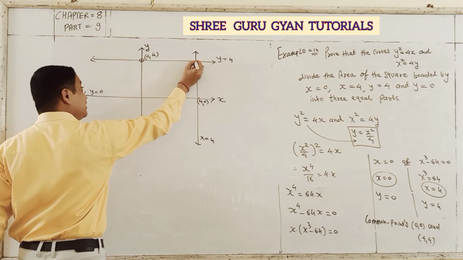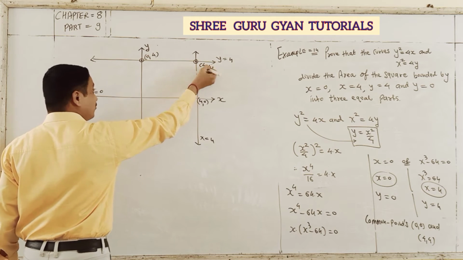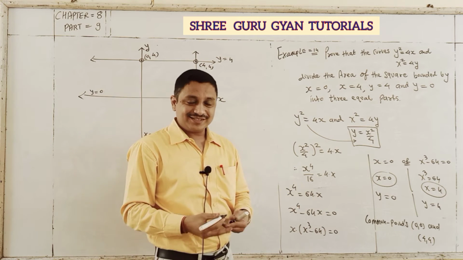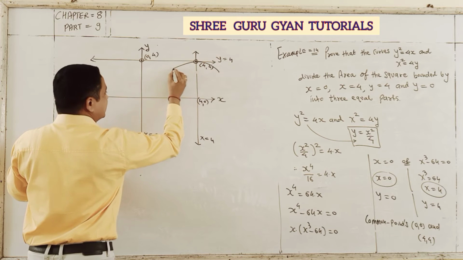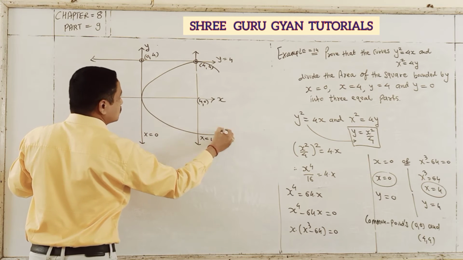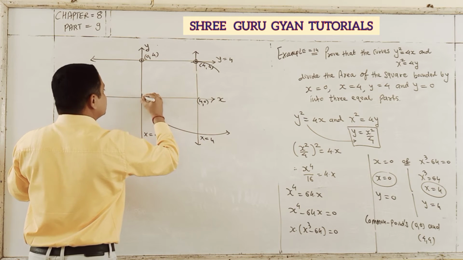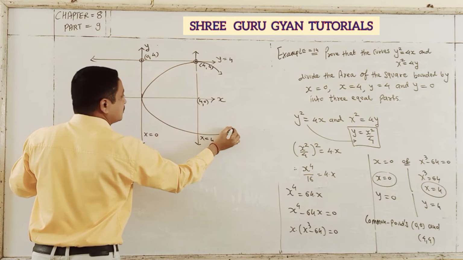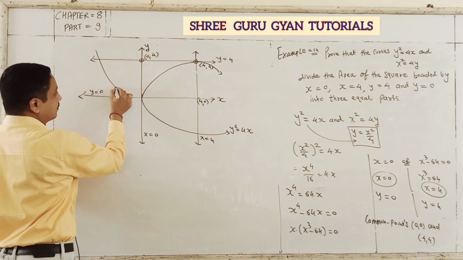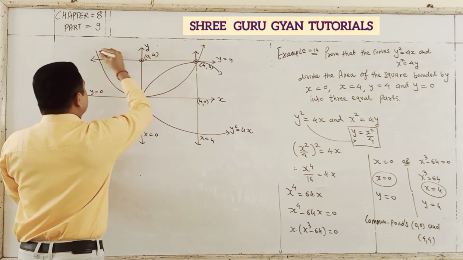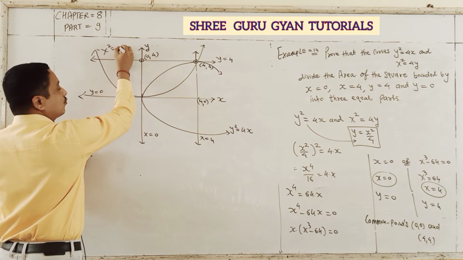And this point is the common point 4 comma 4 which I already calculated. My first parabola moves to this side: y square is equal to 4x. Secondly, this side: x square is equal to 4y.